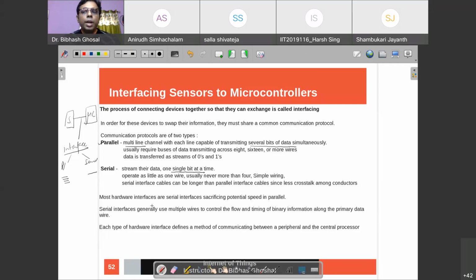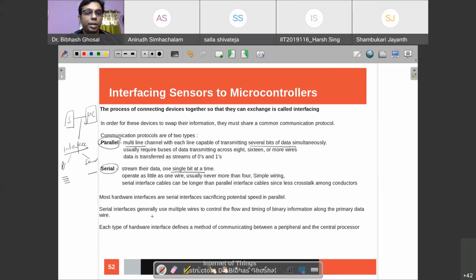But the problem today is that even if parallel is going to convey a lot of bits at the same time, they take a lot of space. So to reduce that, people go for serial. But you may wonder, that is sending one bit at a time, so it's taking a lot of time. But high performing serial lines have been devised, and USB is one of them. It's Universal Serial Bus.